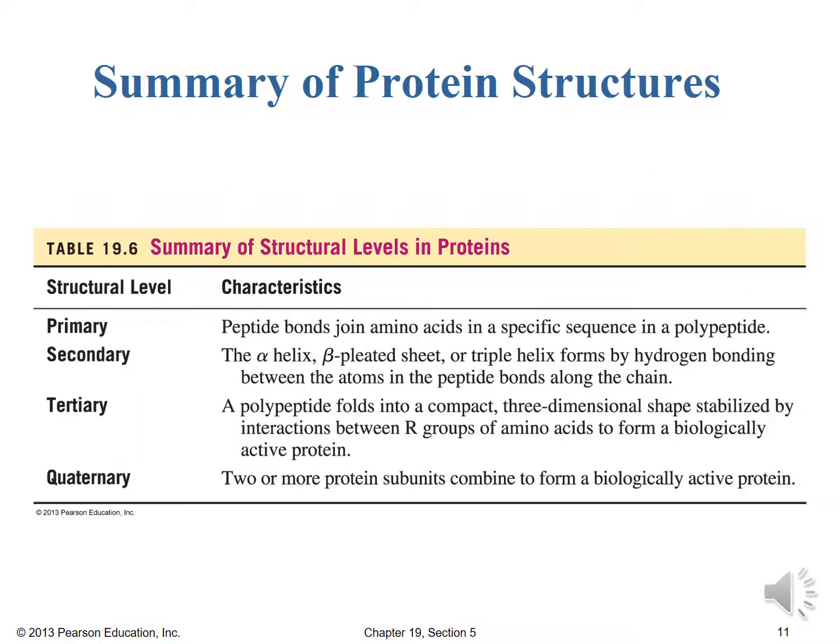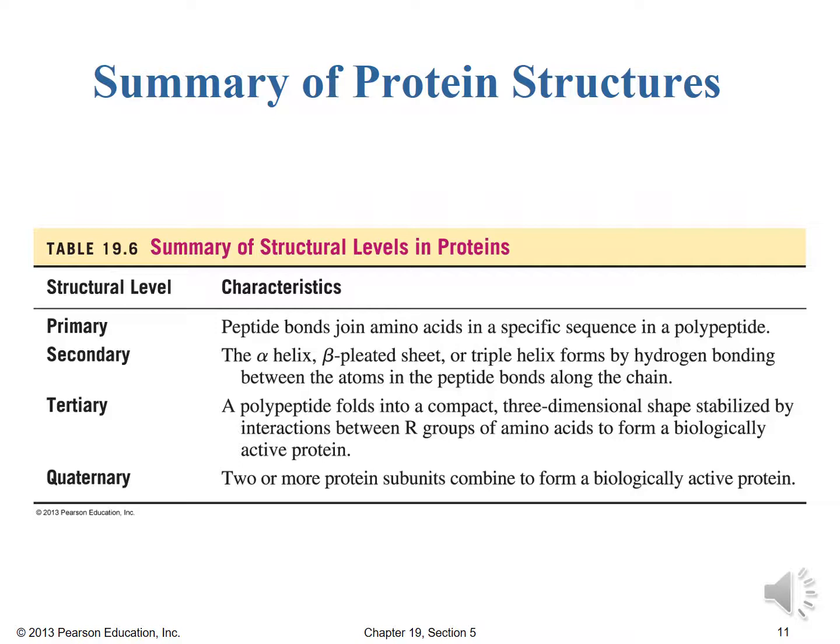Okay, so now that we've learned them all, let's see if we can make sense of this summary table. The primary structure, again, is just the peptide bonds joining the amino acids in their specific sequence in a polypeptide. Insulin, as we remember, was the first protein to have its primary structure determined, and that just told us the order in which they bonded.